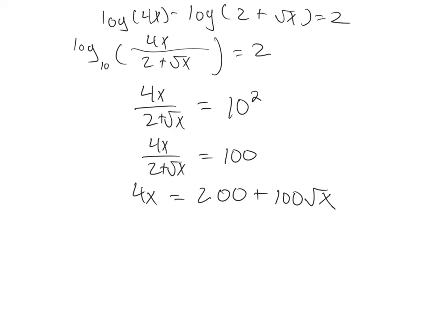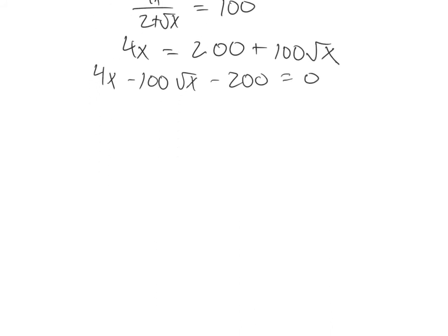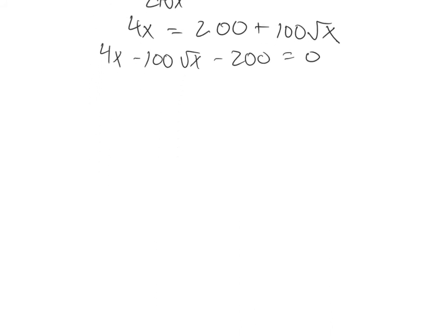I'm going to just move everything to one side. We have now 4x minus 100 root x minus 200 equals 0. If you don't recognize this yet, we currently have a quadratic on our hands. So here we can just simply factor this if it is factorable. Let me see if I can.